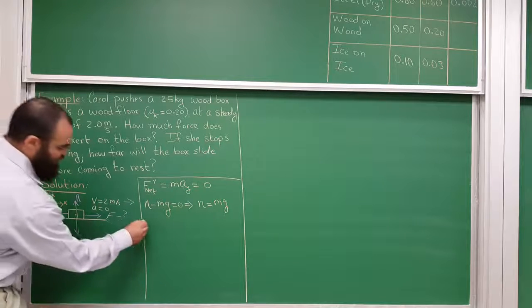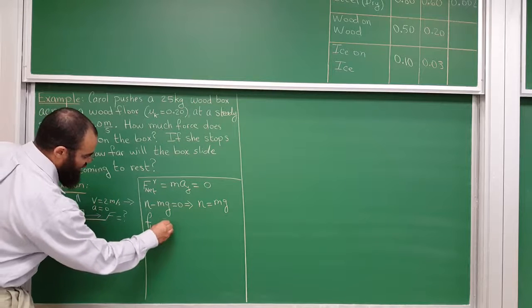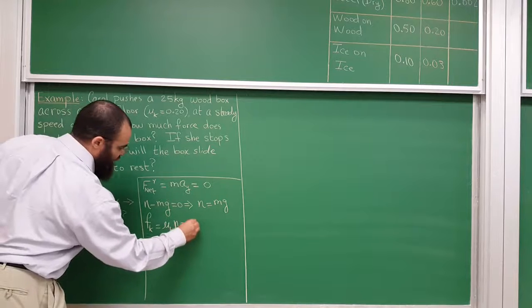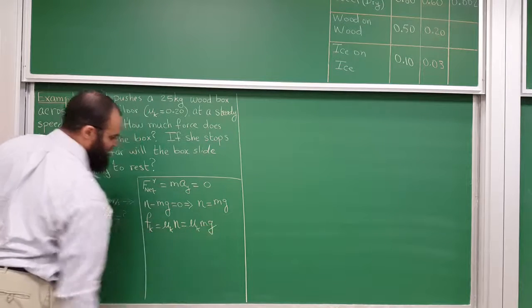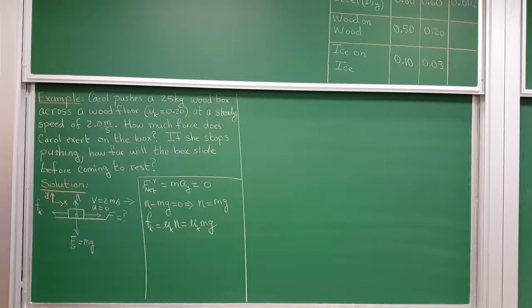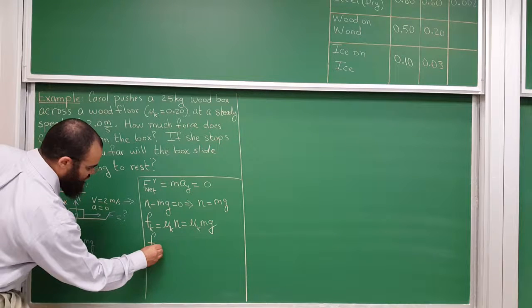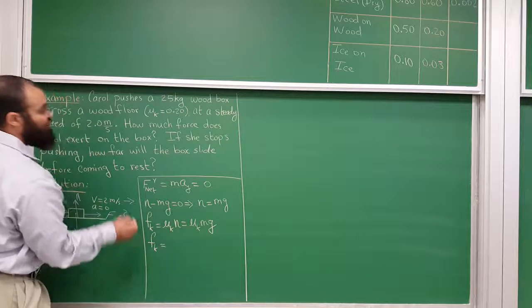And therefore, immediately I would say, all right, then the force of kinetic friction is simply equal to uk times the normal force, and that is equal to uk times m times g. That's the force of friction. And if you like, you can get a value for it. So what's mu k here?